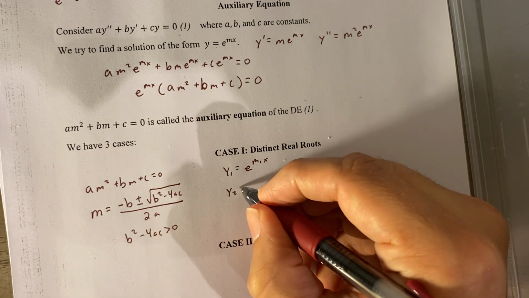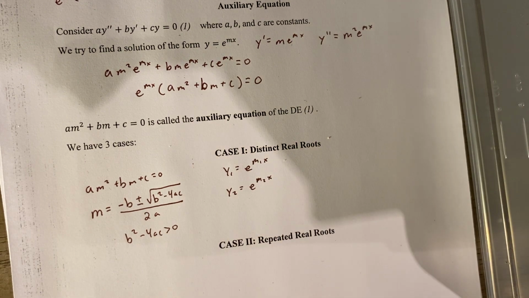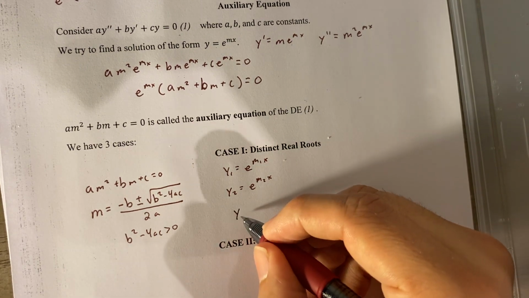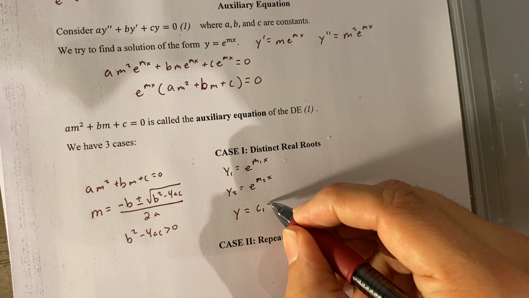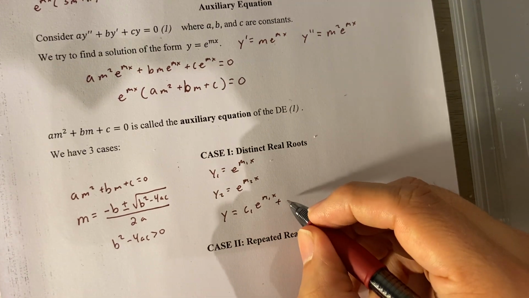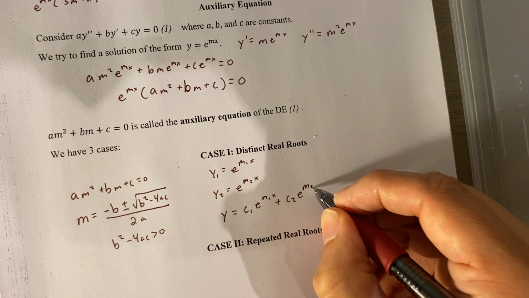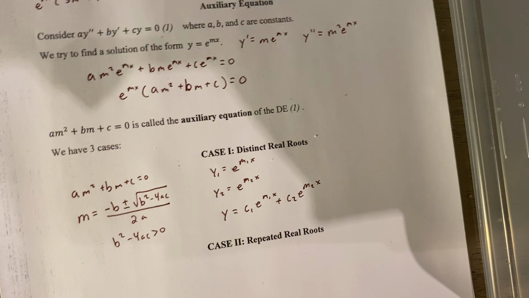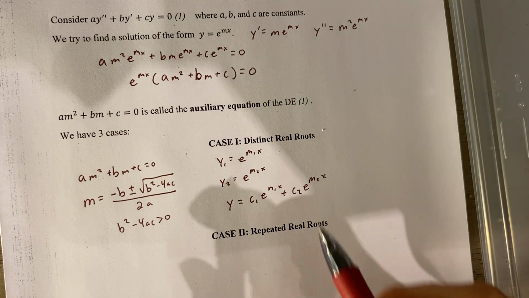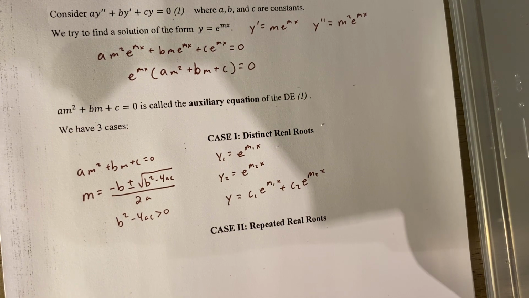Our second solution is going to be e to the m sub 2 x. And our general solution is just y equals c sub 1 e to the m sub 1 x plus c sub 2 e to the m sub 2 x. And there's our general solution for distinct real roots, so two different real roots for our equation.